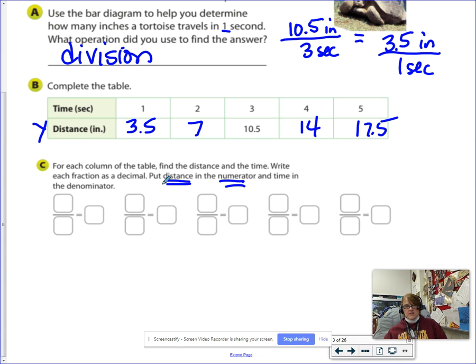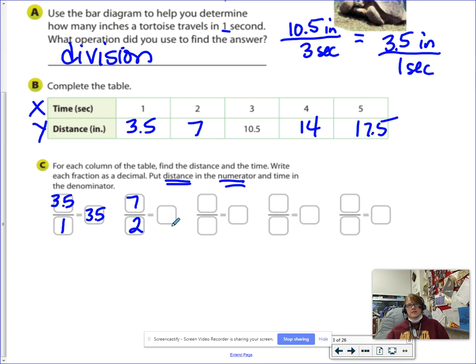That's because we're considering distance the dependent variable, or y. Time almost always is x, or the independent variable. So we're not going to write 1 over 3.5. We're going to write 3.5 over 1. And when you divide those two, you simply get 3.5.